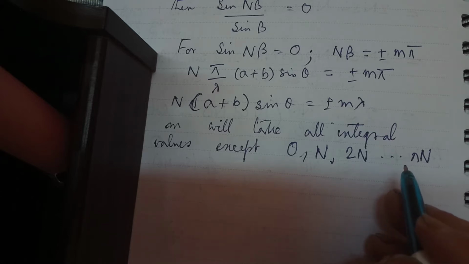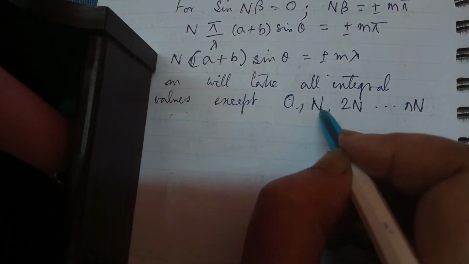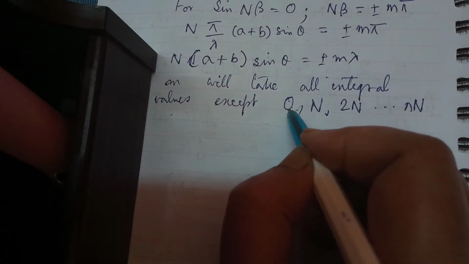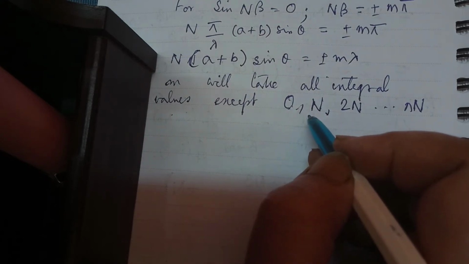It is thus evident that there are n minus 1 minima between two consecutive principal maxima. So from 0 to n, you will not see 0, you will not see n. So how many minima will you see? N minus 1, isn't it?